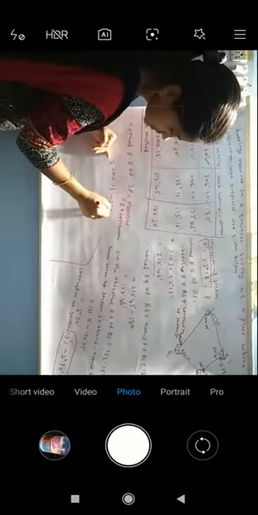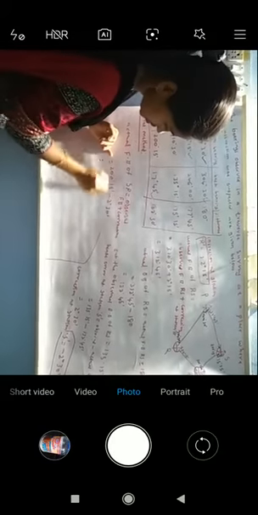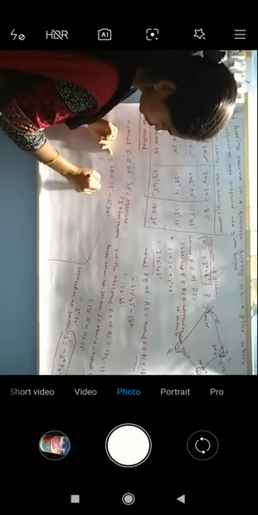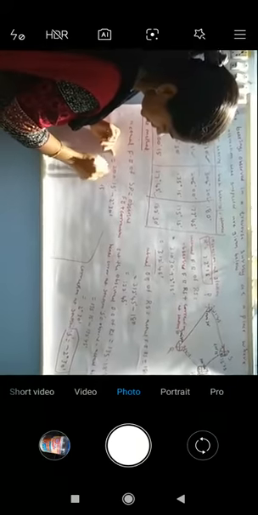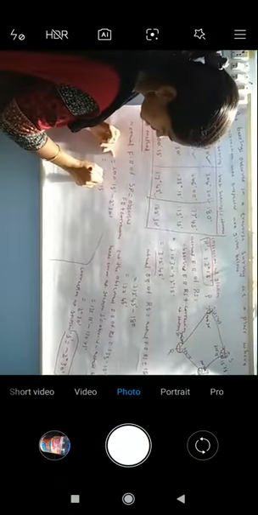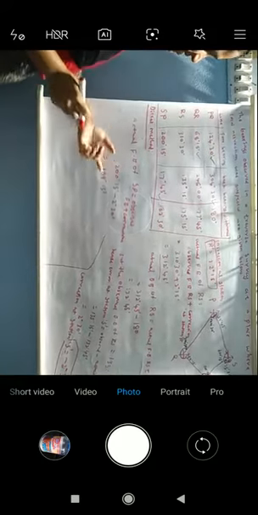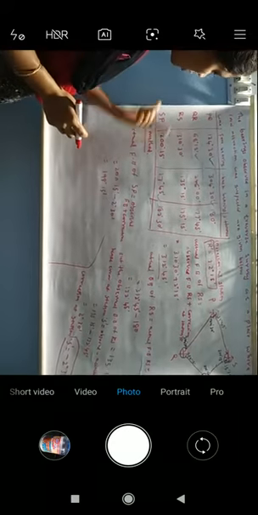What is the observed forebearing of SP line? That is 200 degrees 15 minutes, and correction is minus 2 degrees 30 minutes. So this is 198 degrees 15 minutes, the actual forebearing of SP line.